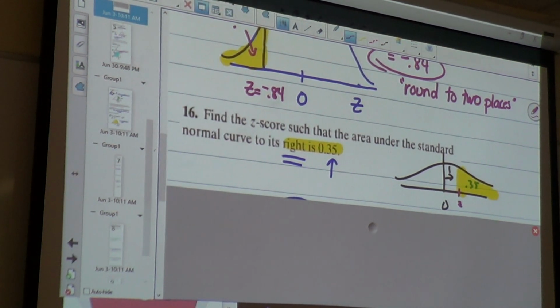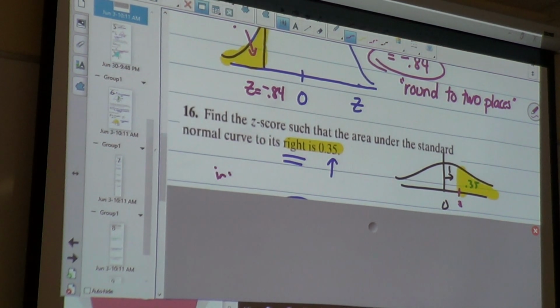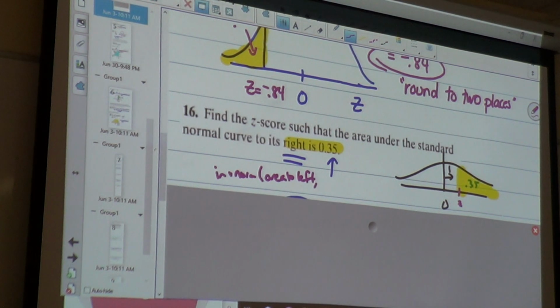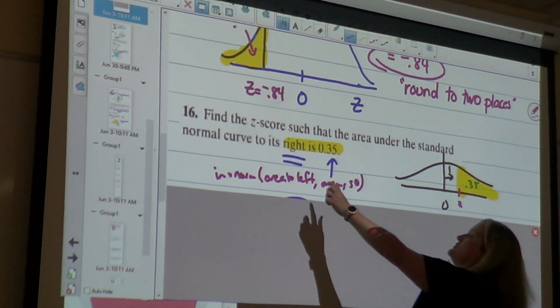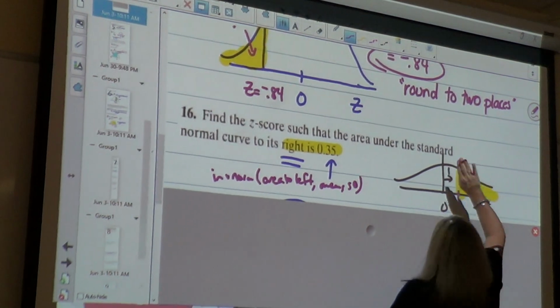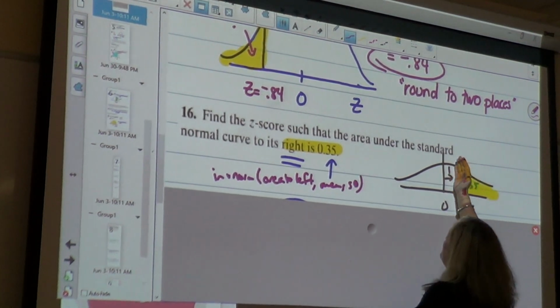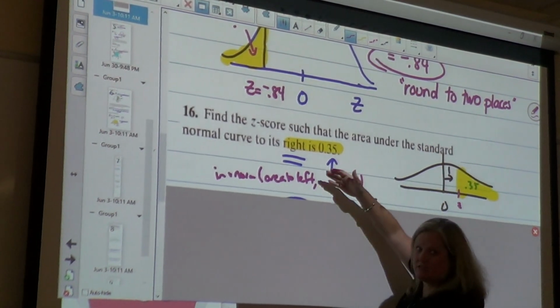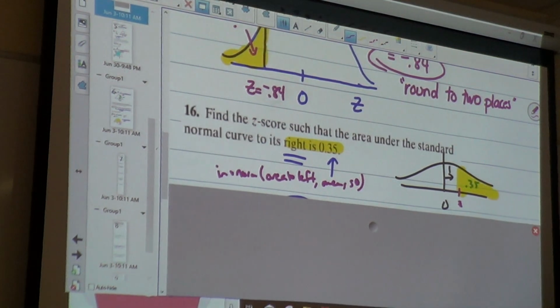Because I'm trying to find the z-score, I'm going to do inverse norm. It's the area to the left, mean, and standard deviation. Well, we need to know the area to the left. If this is 0.35, what is my area to the left? 0.65.